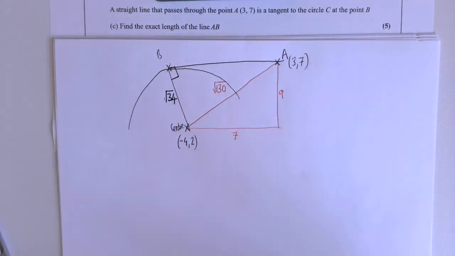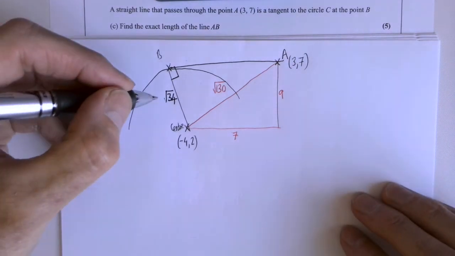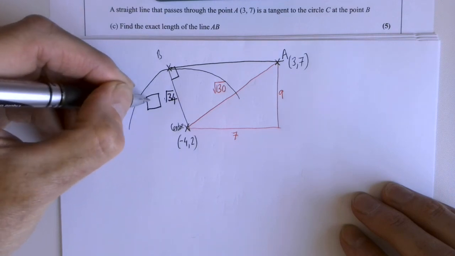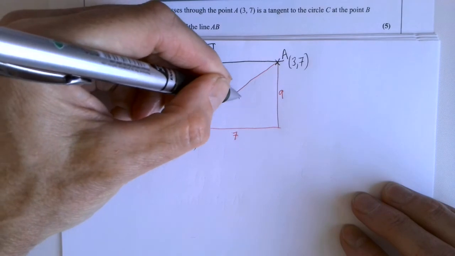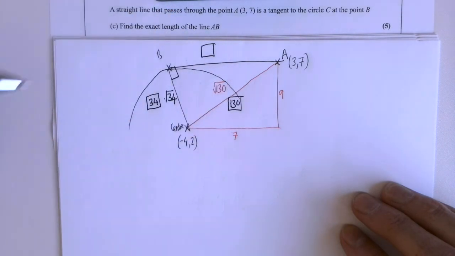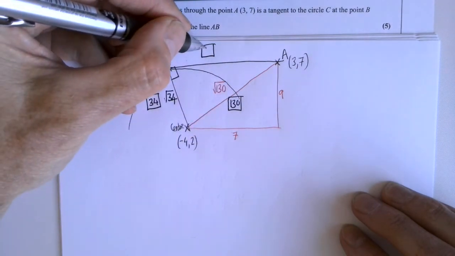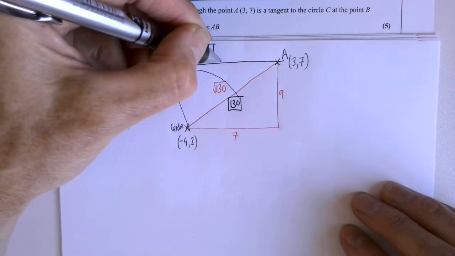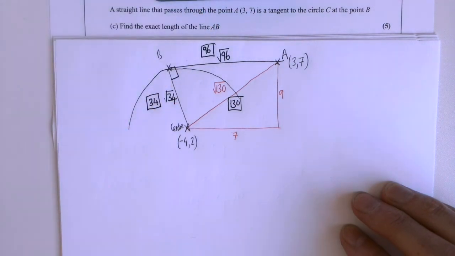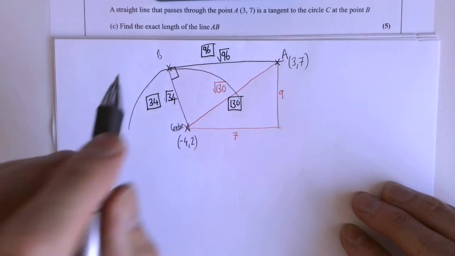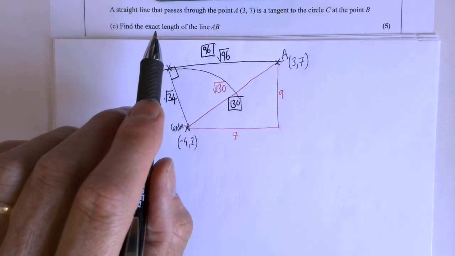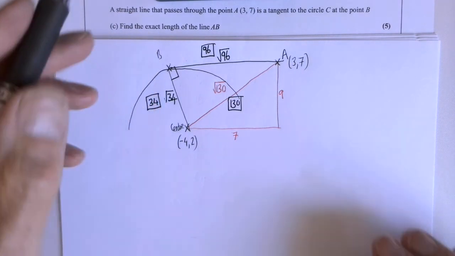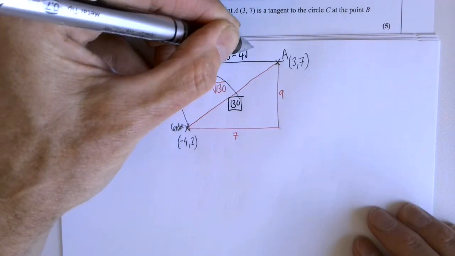Well, this is a Pythagoras problem, isn't it? Because Pythagoras says that this squared, which is 34, added to this squared, gives me that squared, which is 130. So I know that this length squared is 96, so the length of AB is square root of 96. A bit of a clue there was going to be a square root in terms of the fact they said exact, and my calculator does all the simplifying for me.